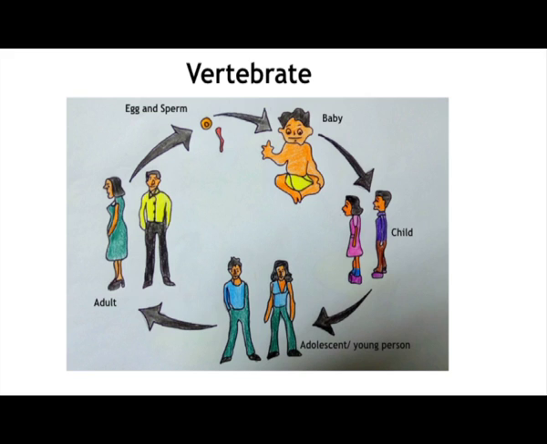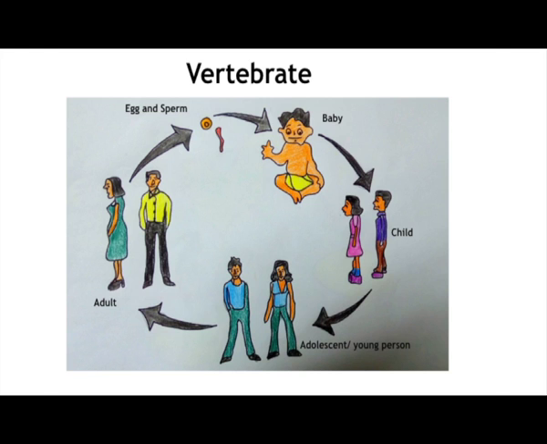You can see on the slide I have given the different stages through which a human being goes, and what you can see is that there is a man and there is a woman. These two adults, this is the adult stage, they are mating and forming an offspring, that is a baby.